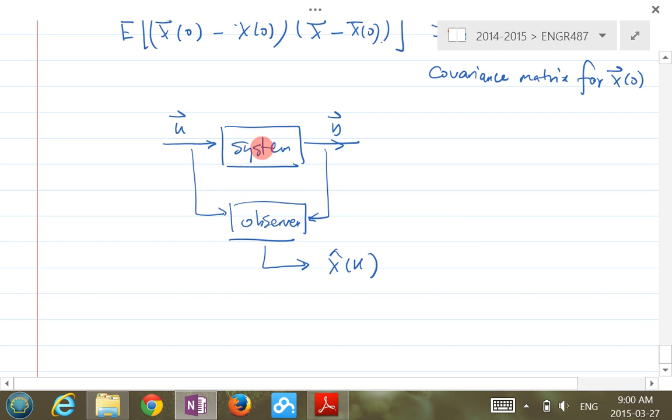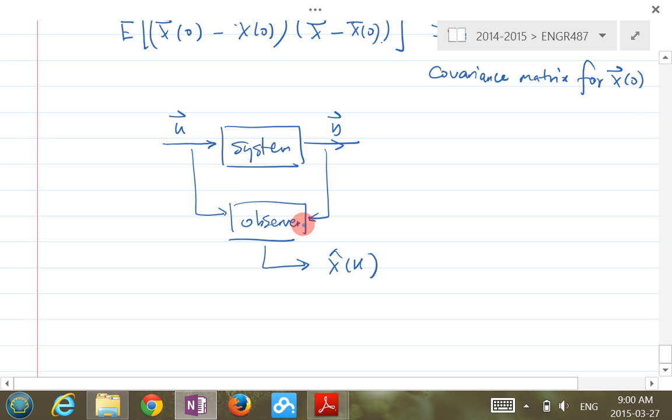Now it's basically the same thing, but the system is not a clean system. It's contaminated by noise. But what we still want is to observe the state variables x of k. So we're going to still use this same structure here.